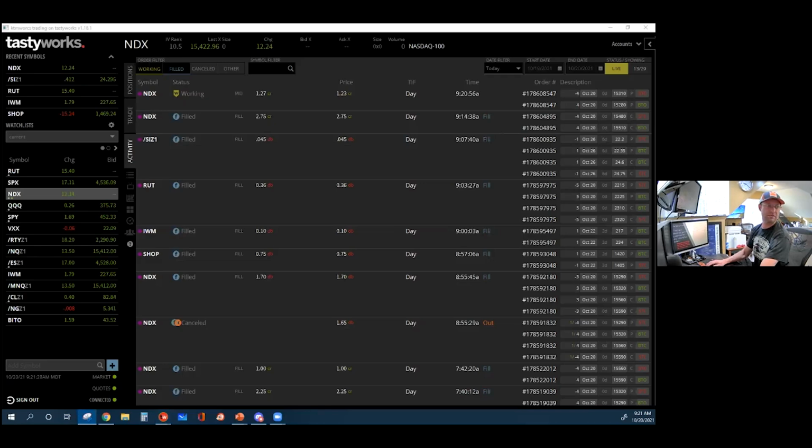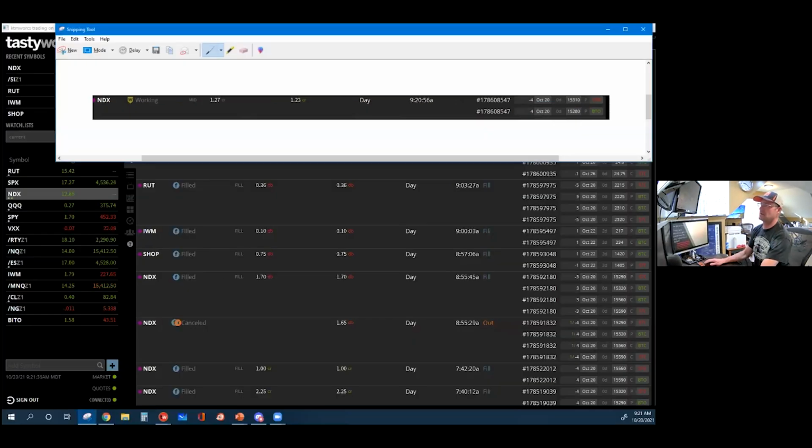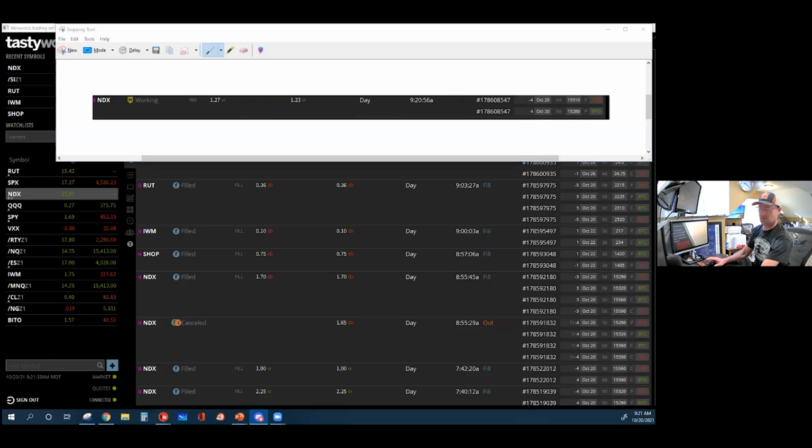So what I'm going to do is capture this strike price and put it in here as a working order. If it fills, that's great. If it doesn't, we'll make some adjustments.